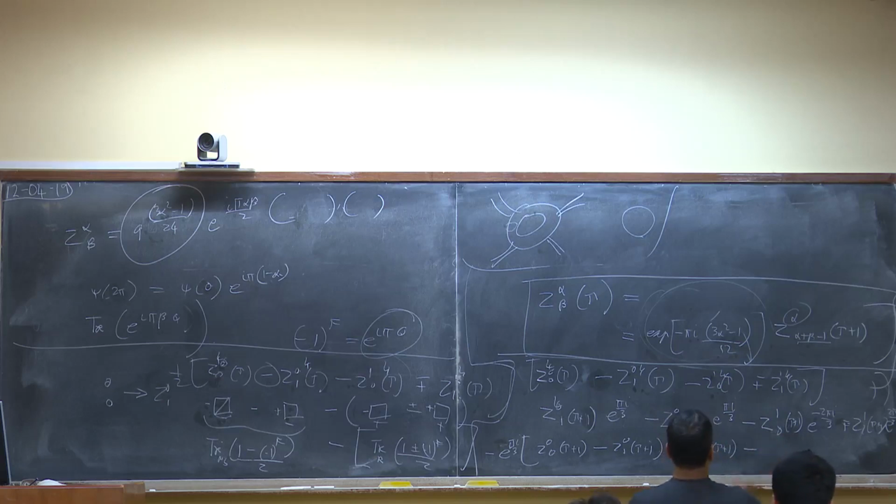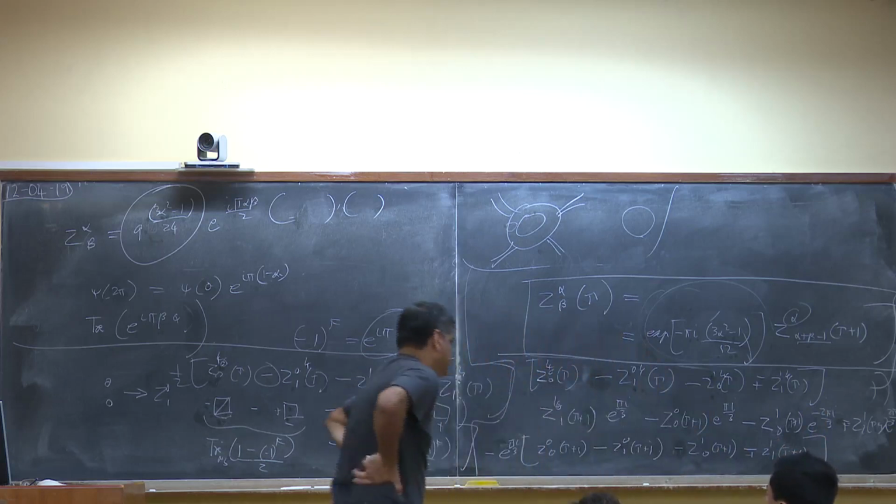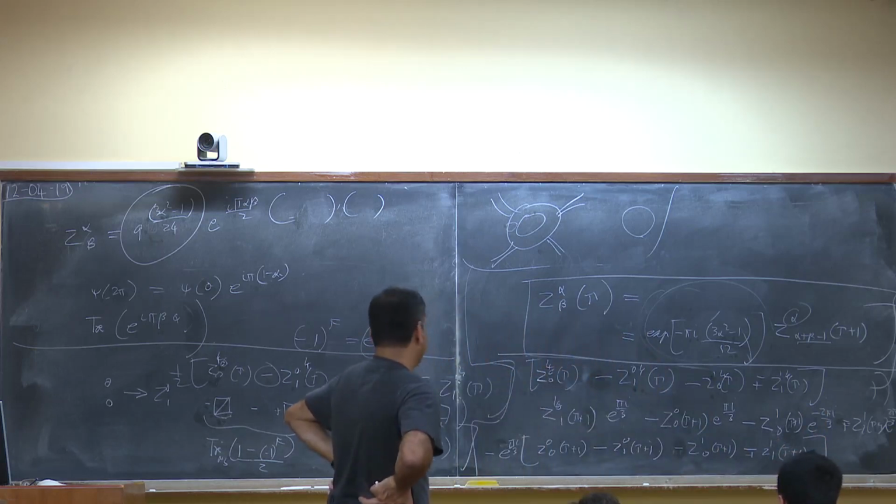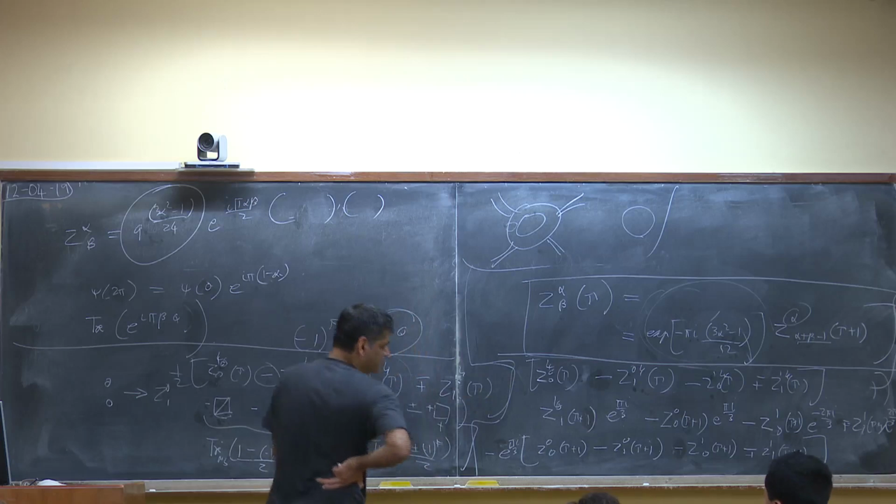And then this will be minus plus Z11 of tau plus 1. Right, minus, and then that minus sign has gone out.